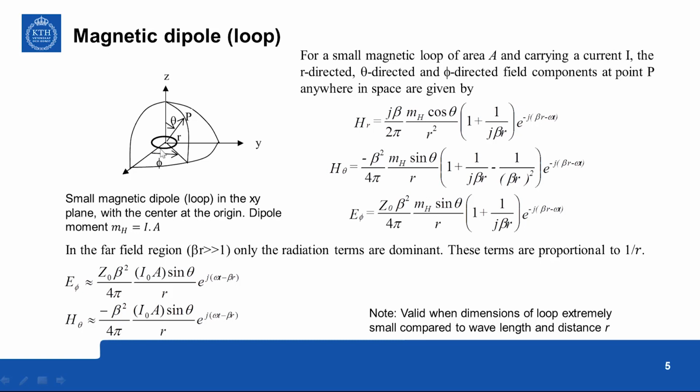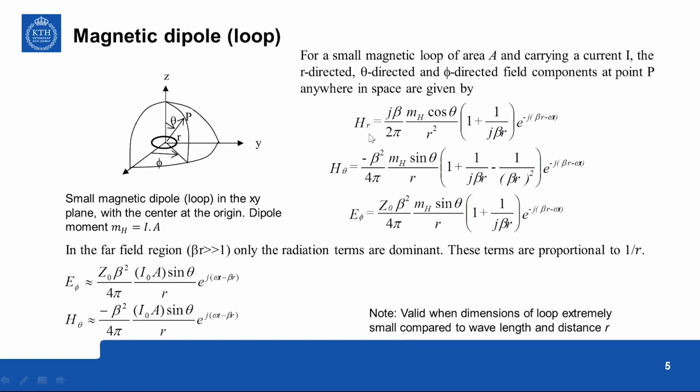So you can see that the electric field will be in the phi direction because it can easily create an electric drop. Then the magnetic field will be in both the r direction as well as the theta direction. So you have three components only. Other components are zero.